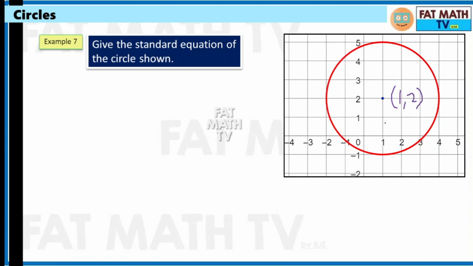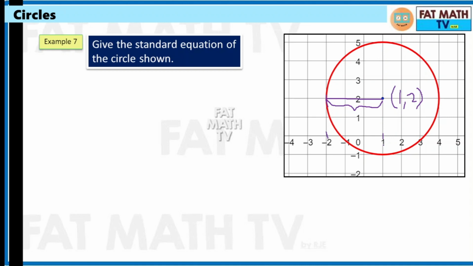How about the radius? How will you identify the radius given the graph? You just count from the center going up, or going right, or going down. So let's say, for example, we will have this. This is also the radius, this distance. This is from -2 to +1. How far is that? From -2 to +1, you can count 1, 2, 3 units.